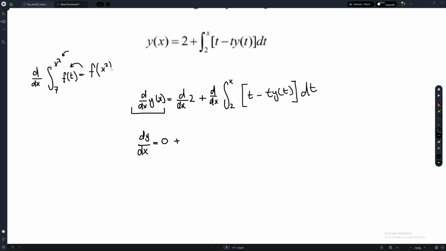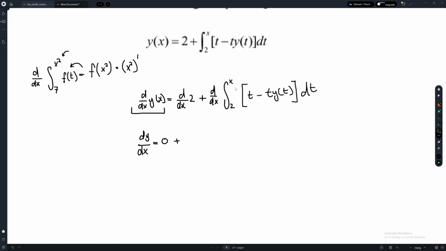And that is times the derivative of that input. That is the fundamental theorem of calculus in a nutshell.